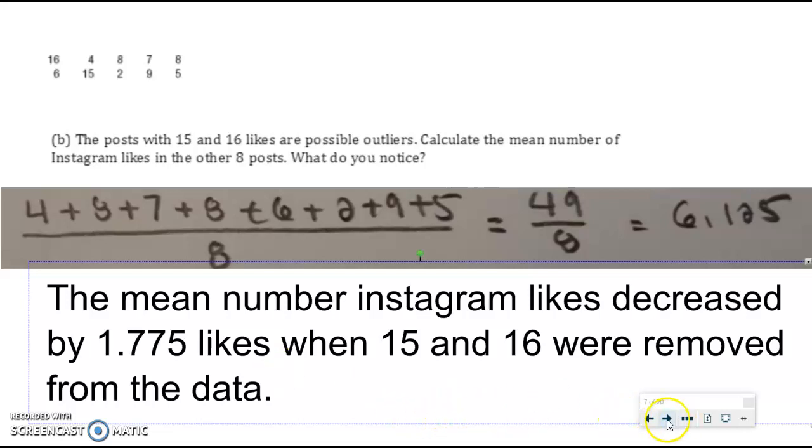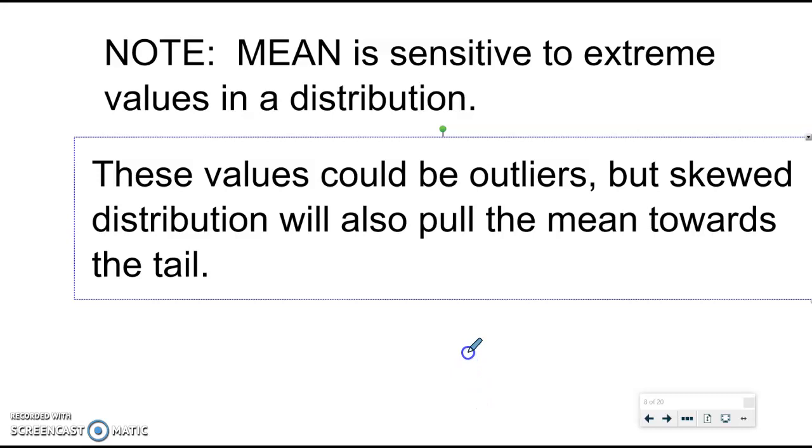Now, what is this telling us about the mean? Well, the mean is a very sensitive number, and it's sensitive to extreme values. These values could be outliers, but if I look at any type of skewness, like a skewed right distribution or a skewed left distribution, those are impacting the mean, and we will see more about that in a second, okay?